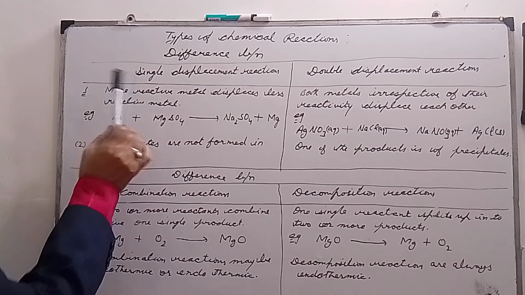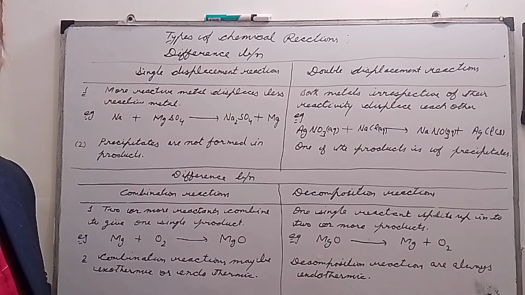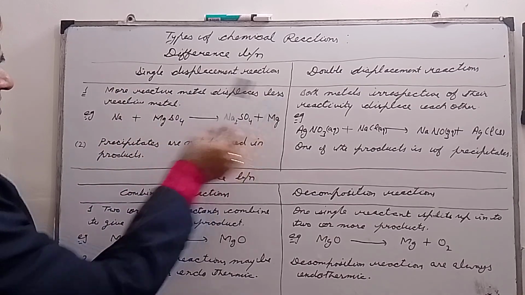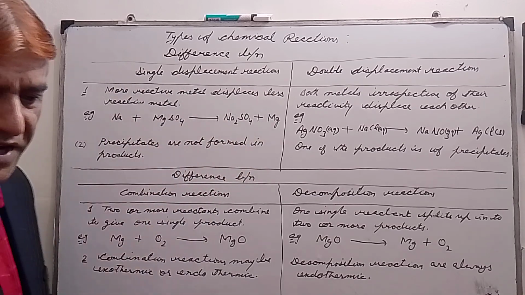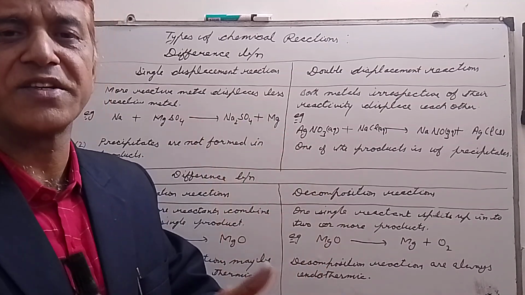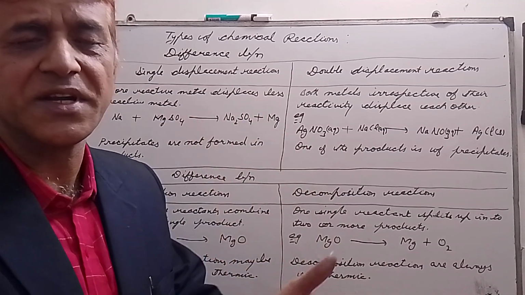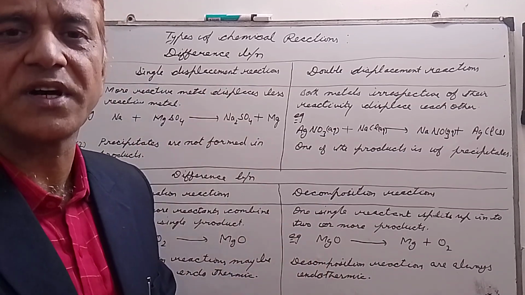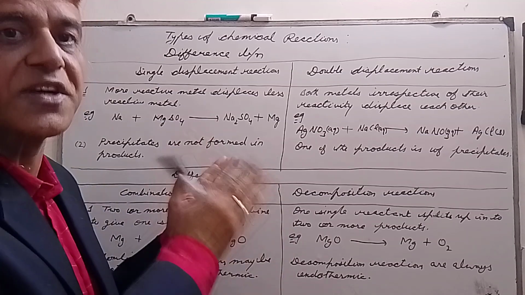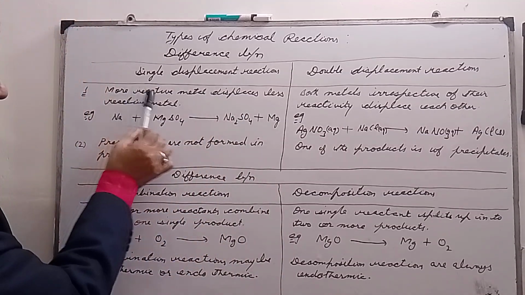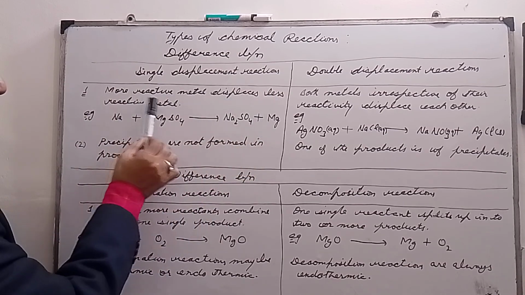In single displacement reactions, you know very well that a more reactive metal displaces a less reactive metal. And about the reactivity of metals, which metal is more reactive and which is less reactive, this we come to know from our reactivity series, which I have also made you write. So a more reactive metal displaces a less reactive metal.